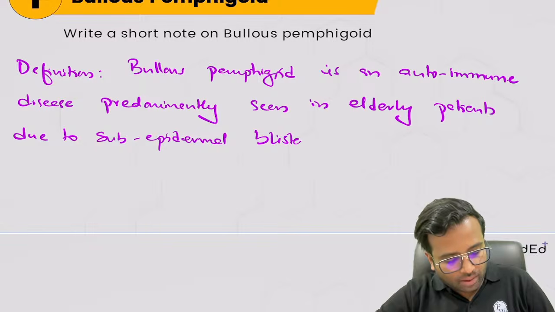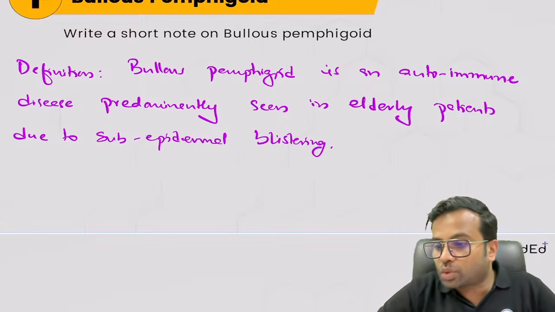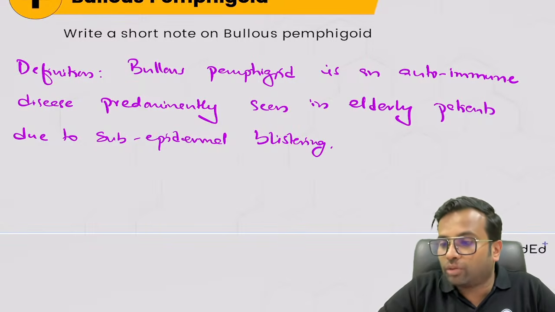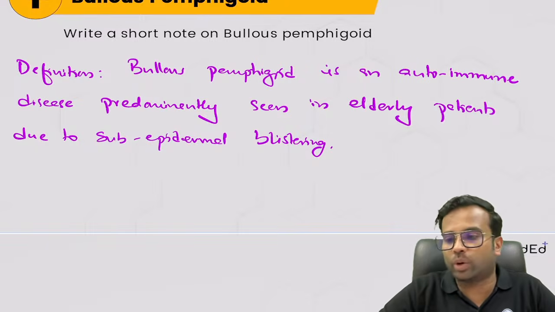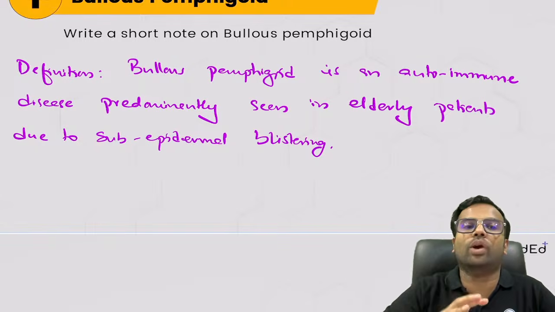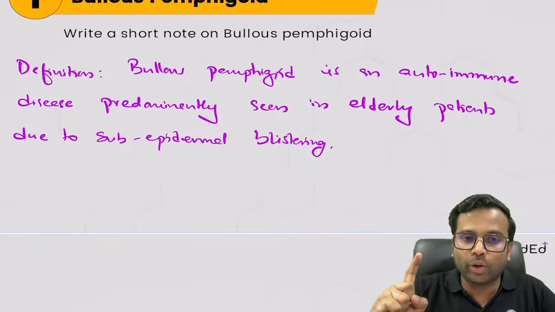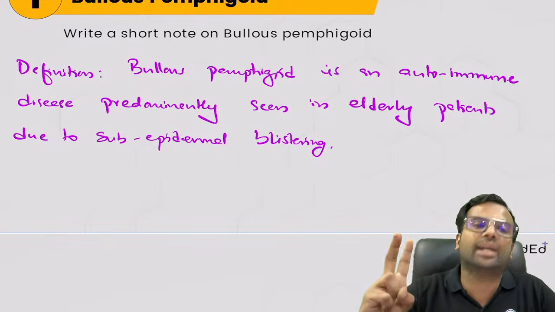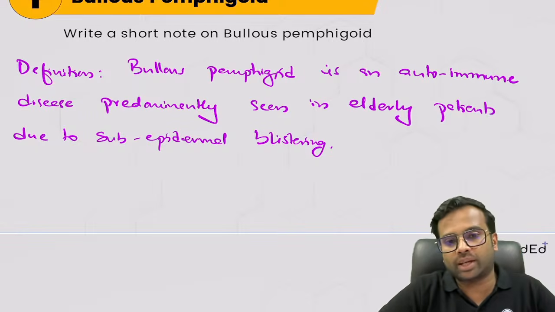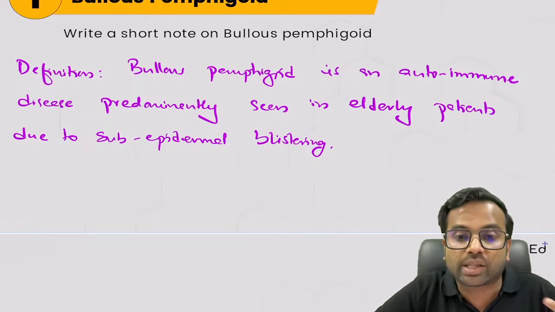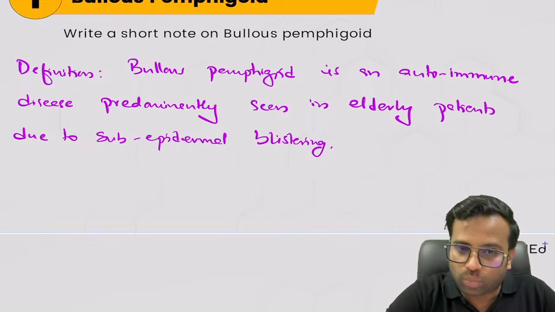So this is what we call pemphigoid, that is bullous pemphigoid. See, there is no meaning, it is just the name of the disease, bullous pemphigoid. Autoimmune disease है, usually seen in elderly patient, और यहाँ पे subepidermal blistering होता है, which means the patient is going to present to you with a tense bulla.